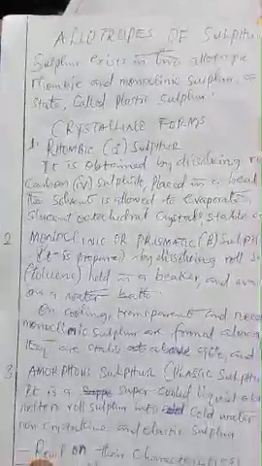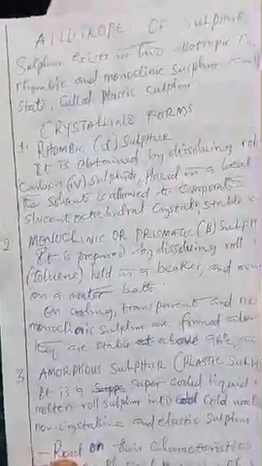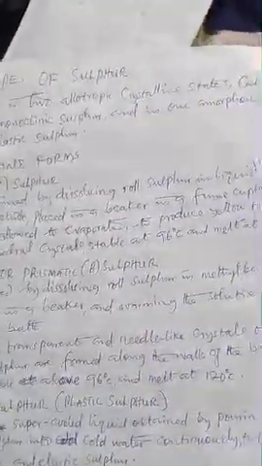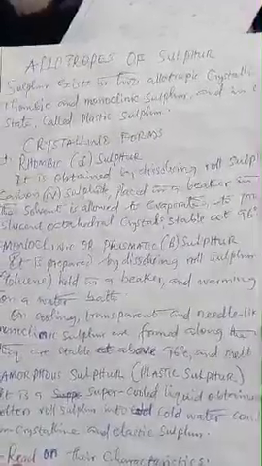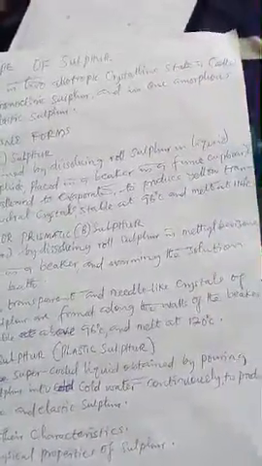For crystalline sulfur, we have rhombic sulfur, which is represented with the symbol alpha. It is obtained by dissolving raw sulfur obtained from the Frasch process in liquid carbon disulfide. Carbon disulfide is the liquid you dissolve your rhombic sulfur in, placed in a beaker in a fume cupboard.